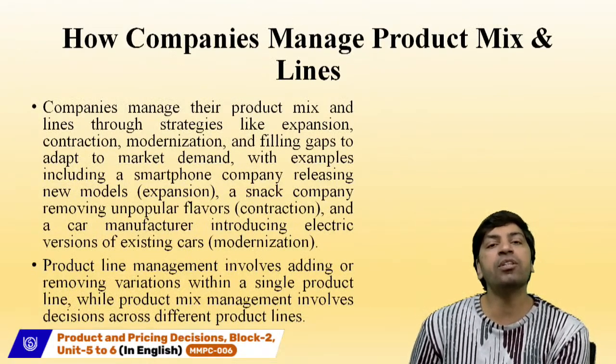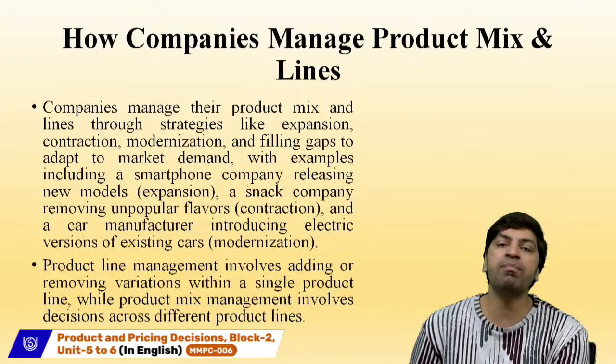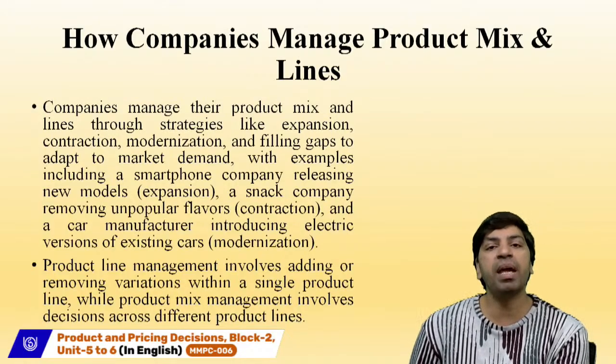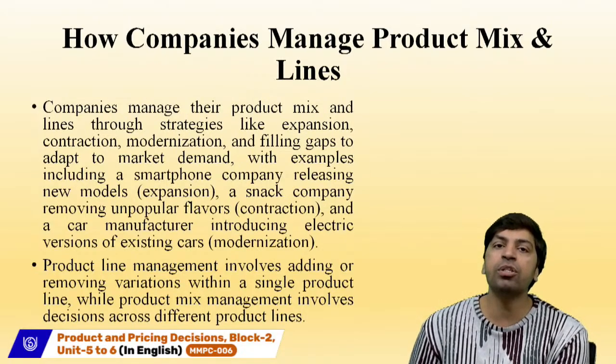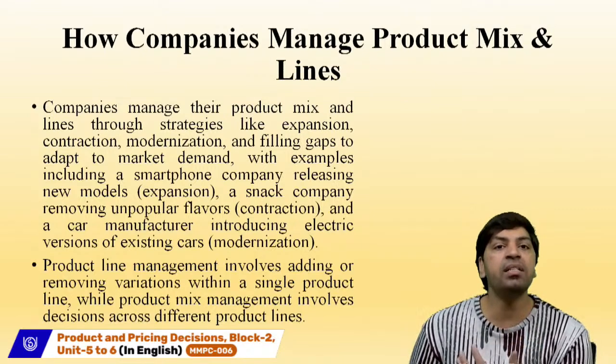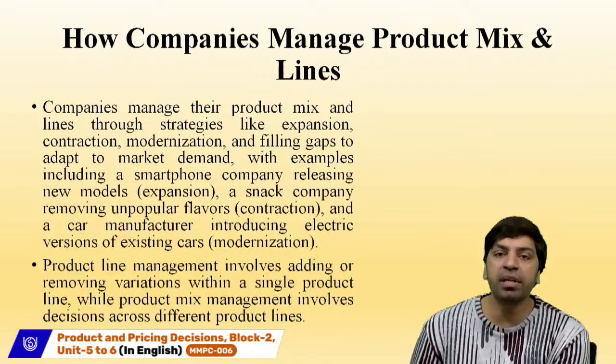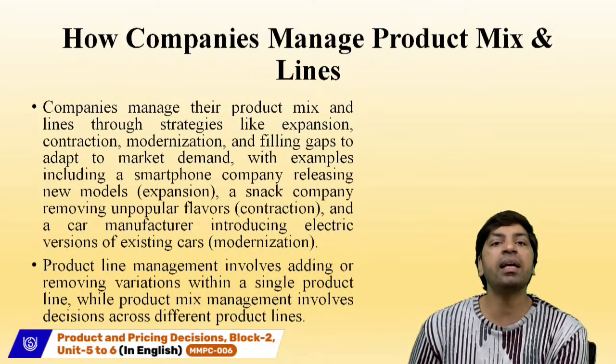The next section is how companies manage the product mix and lines. A company can manage its product mix and lines by applying various strategies like expansion, contraction, modernization, and filling the gap to adapt to market demand.